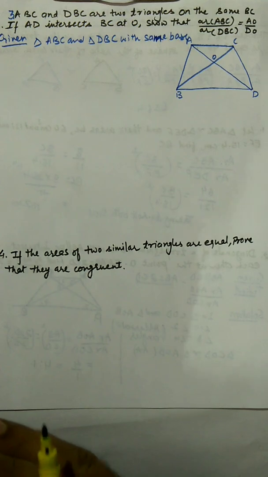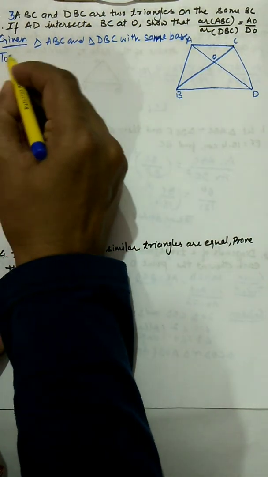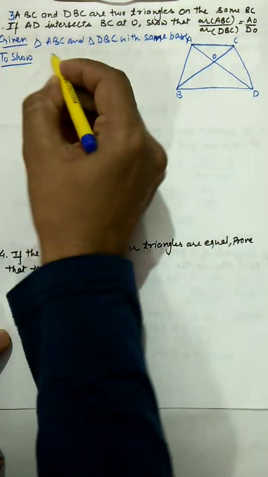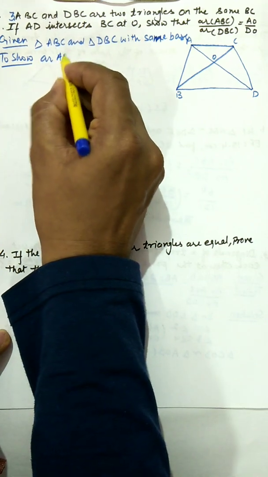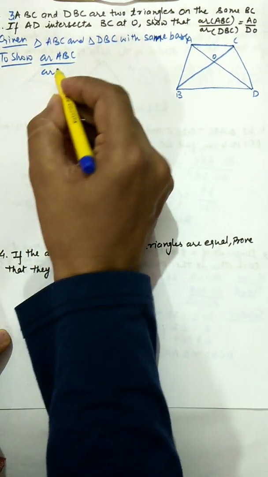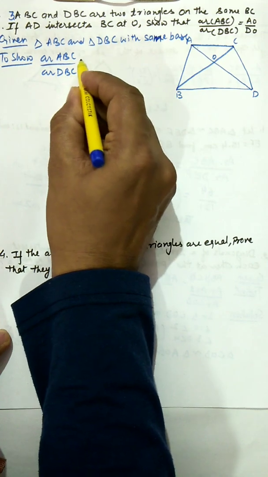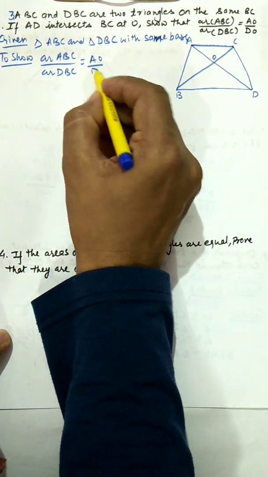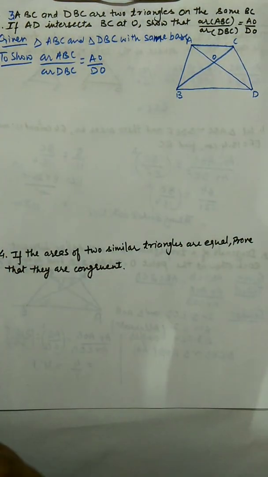So this is the information given to you. To show, you have to write to show that area ABC upon area DBC is equal to AO upon DO. So in this question we have to do a small construction.